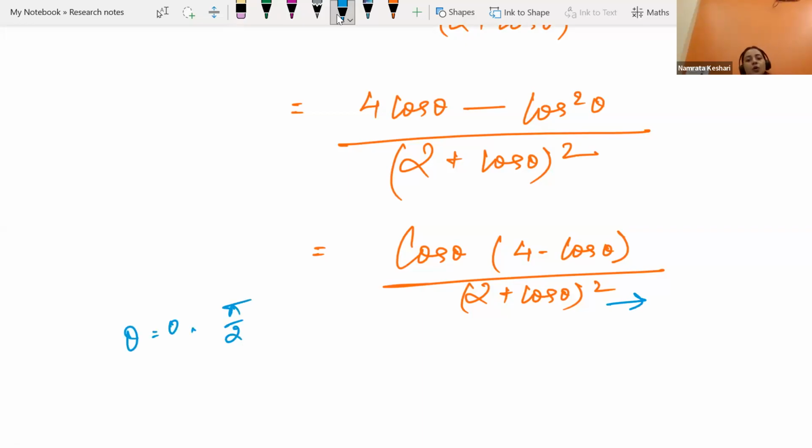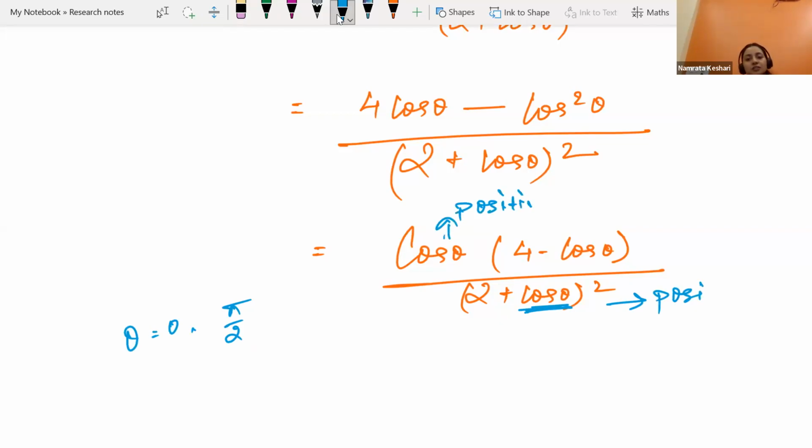You can understand cos will give only a positive result, and even if cos had given a negative result, the square would still make it positive. But here we will not be getting negative. So cos will not generate negative between 0 to pi by 2, right? Yes. So this will be positive, this will be positive.